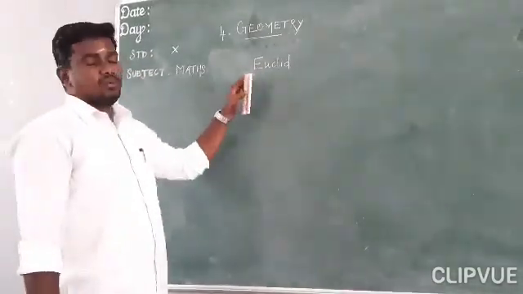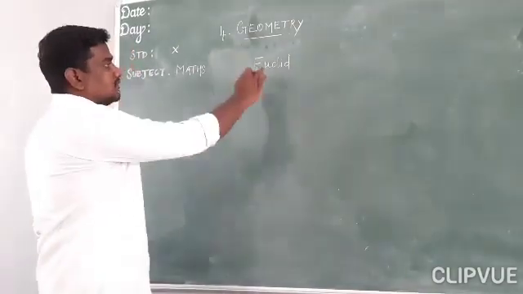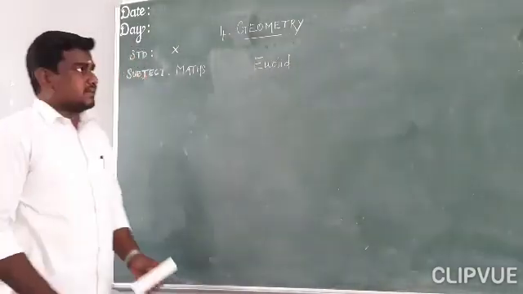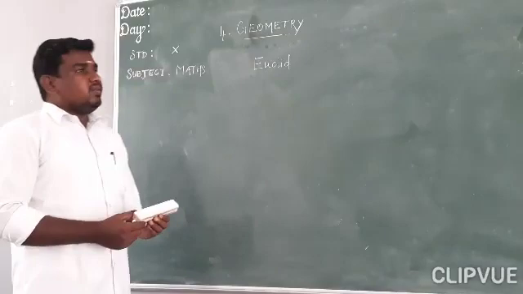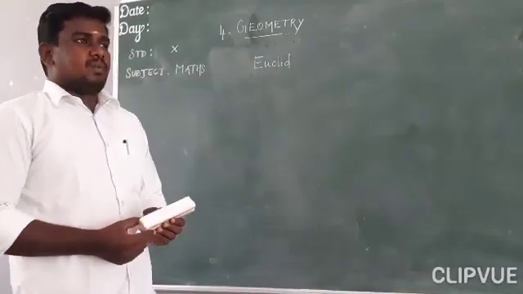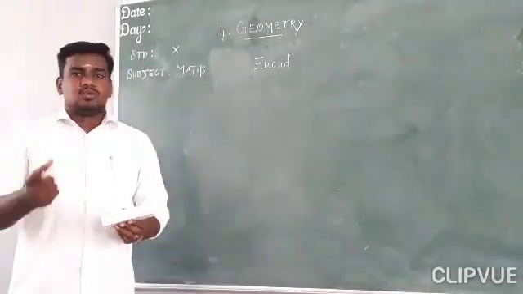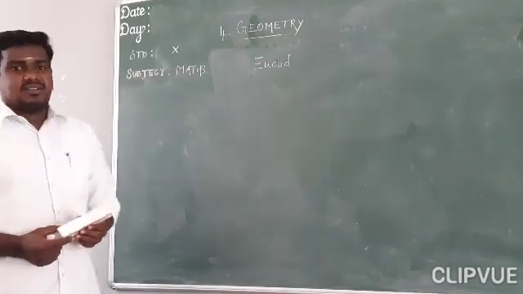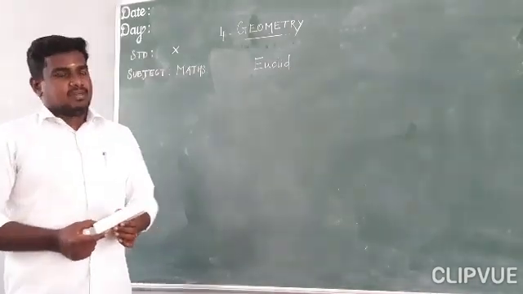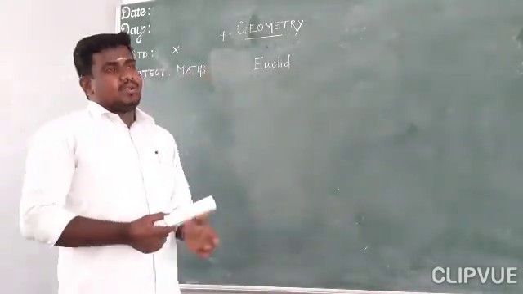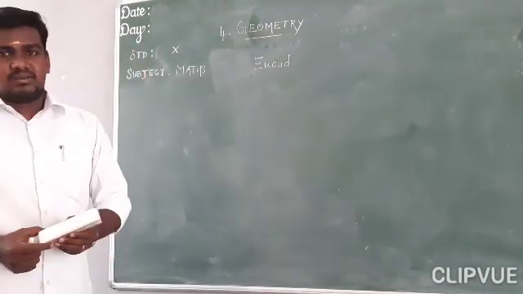It is one of the important 1 mark questions, so you must know this. The father of geometry is Euclid. Why do we learn this topic geometry? Actually, there are 2 types of geometry: practical geometry and theoretical geometry. In this session, we are going to know about theoretical geometry.